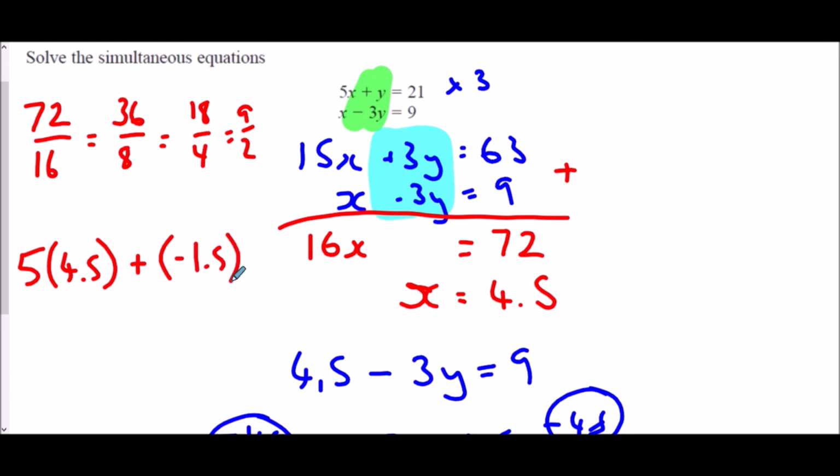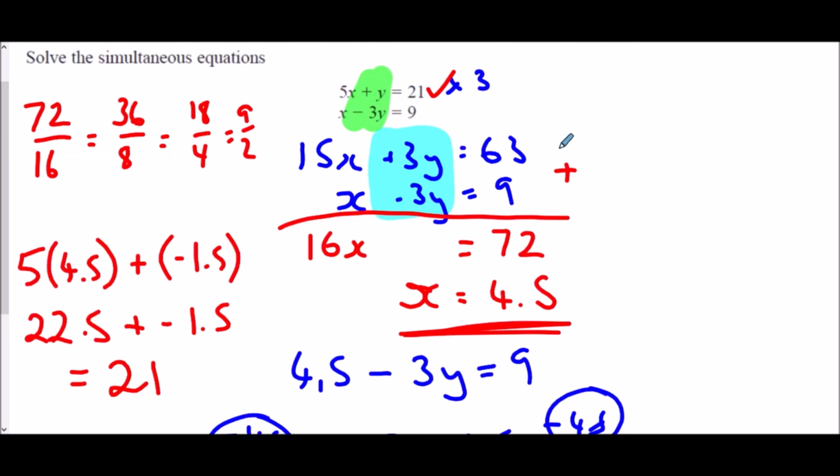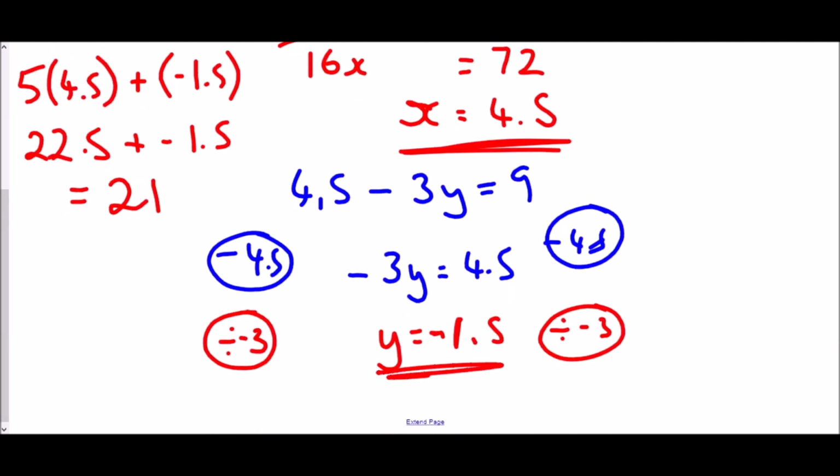Well, 5 times 4.5 is going to be 22.5 plus negative 1.5. Well, plus and a minus is just taking away, so that is going to be 21. It's what we were expecting, and so the answers x equals 4.5 and y equals negative 1.5 are exactly right.